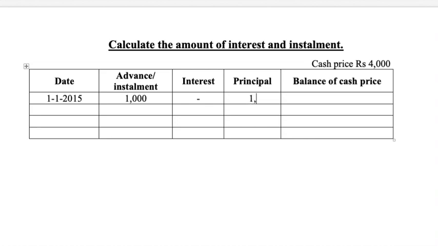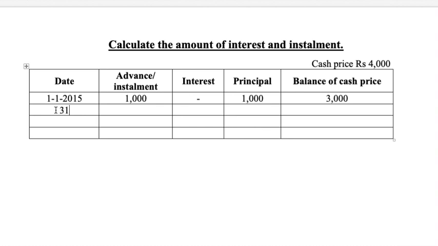Then the principal amount is 1,000. As we know, 4,000 is the total cash price of the asset, but he has paid 1,000 as advance. So what is the balance? It is 4,000 minus 1,000, which is 3,000, right?